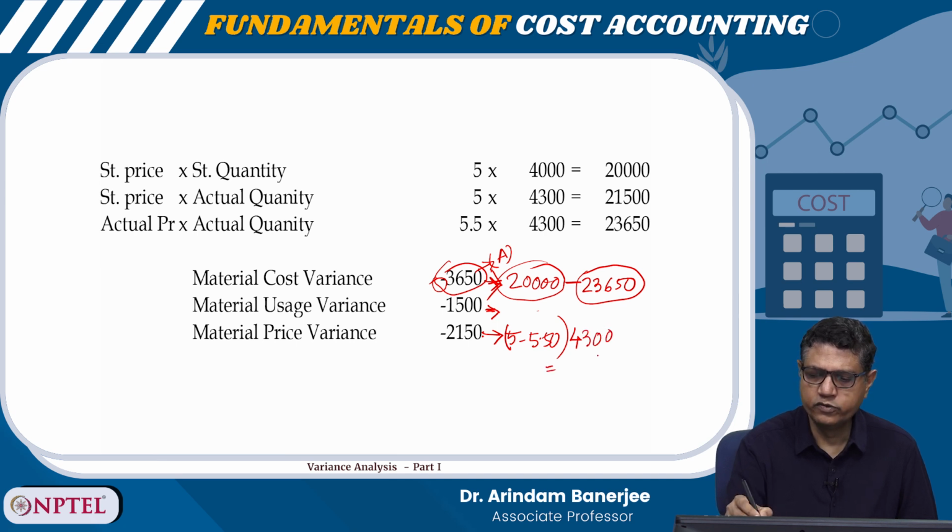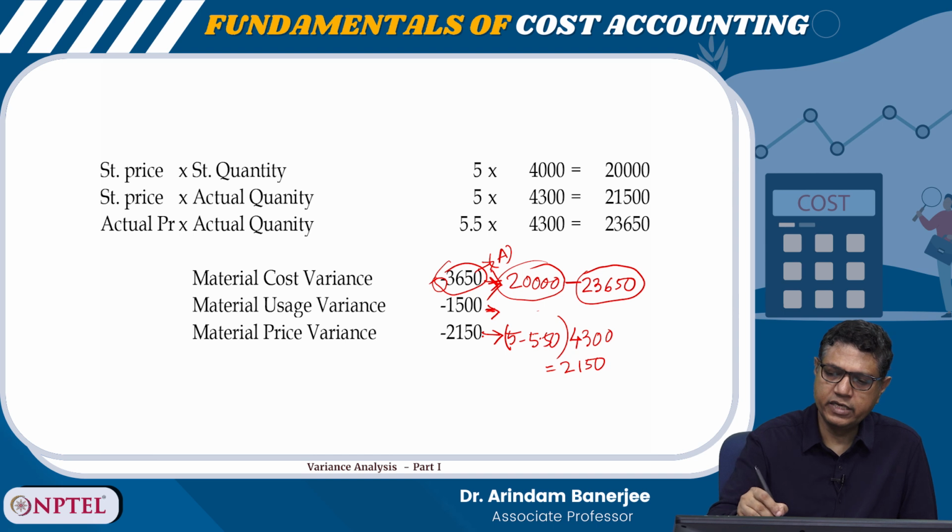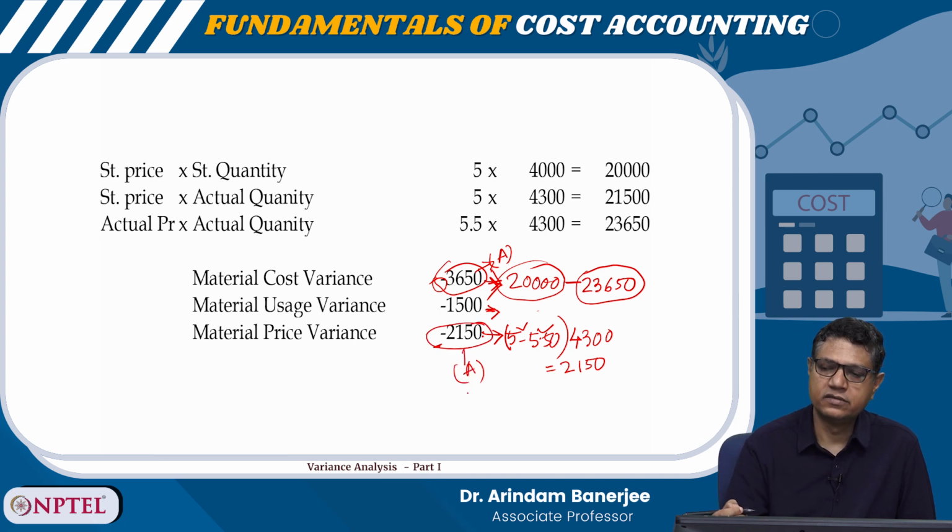So, this is equal to 4300 into 0.5. So, it is 2150 and you see, the actual price is higher than the standard price. So, it is adverse, right. So, this is minus 2150 adverse, right.